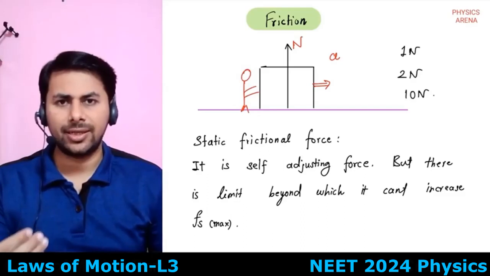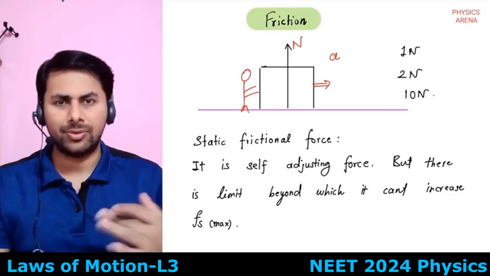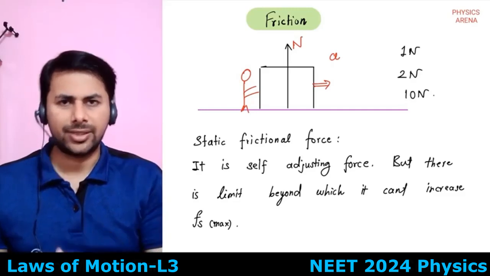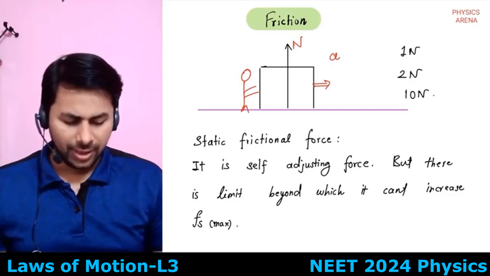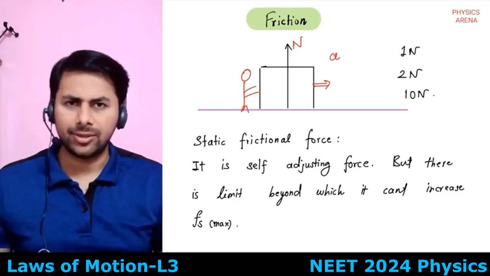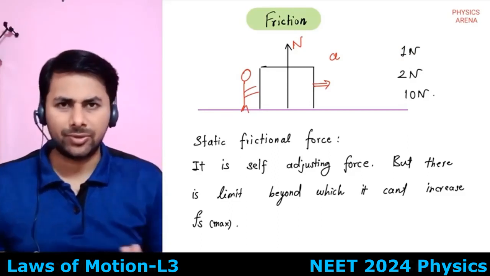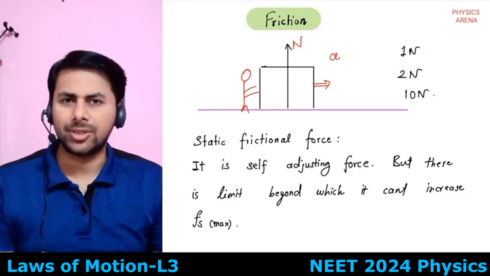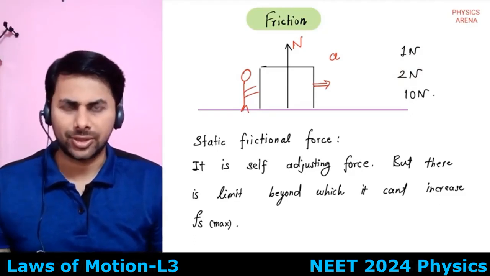and if you exert some force which is less than that maximum value, the frictional force will self adjust itself equal to the external force. Suppose external force is 1 Newton, frictional force will also be equal to 1 Newton. External force is 2 Newton, the frictional force will also be equal to 2 Newton.